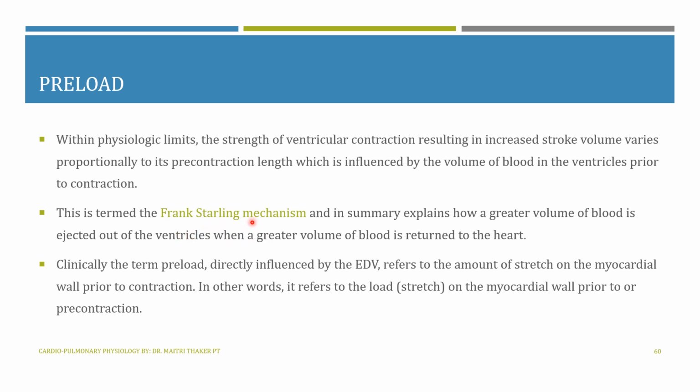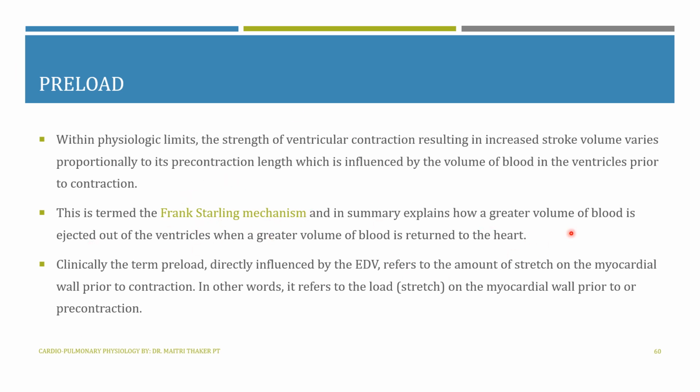Any muscle's pre-contraction length is very important. If the pre-contraction length is high, the strength of contraction will also increase. A similar concept is applied in the case of the muscles of the heart, our cardiac muscles.